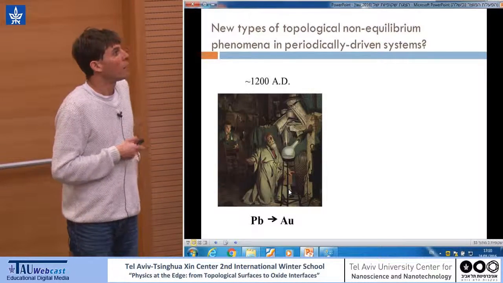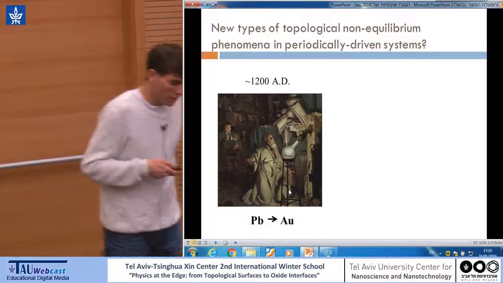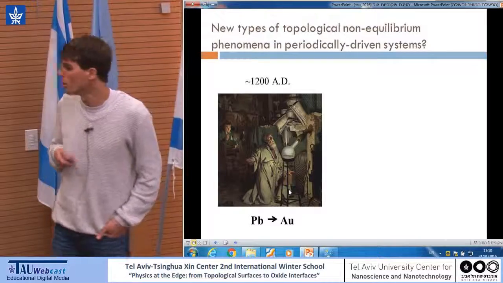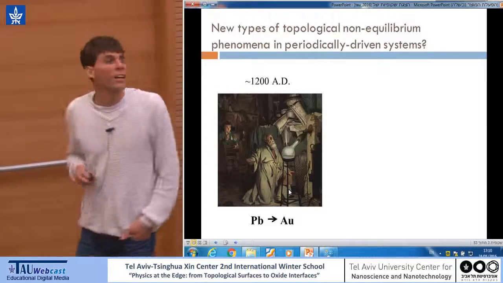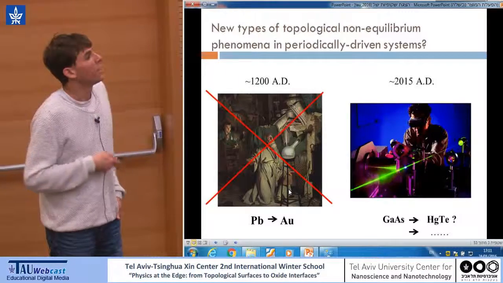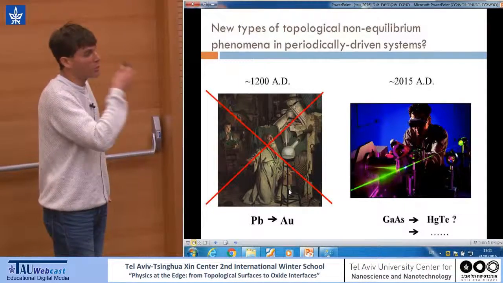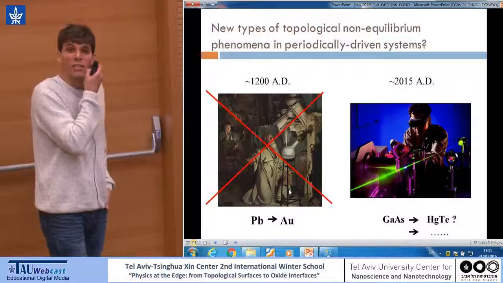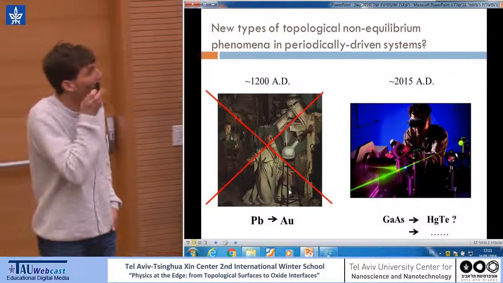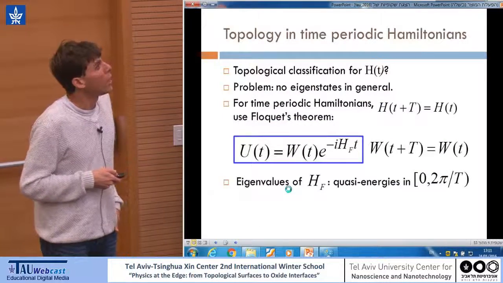In the Middle Ages, the alchemists tried to convert lead into gold by shining moon rays on lead, and maybe in the 21st century we could shine a laser on some kind of ordinary material and get something that's topological. So this is going to be the theme of this talk.